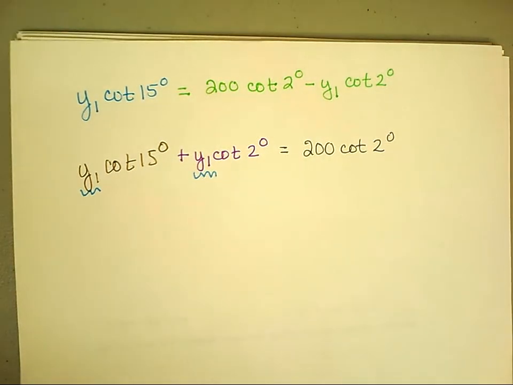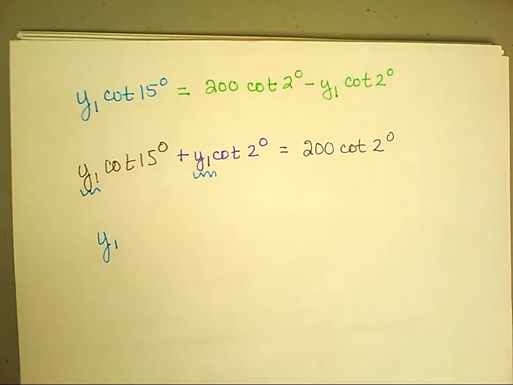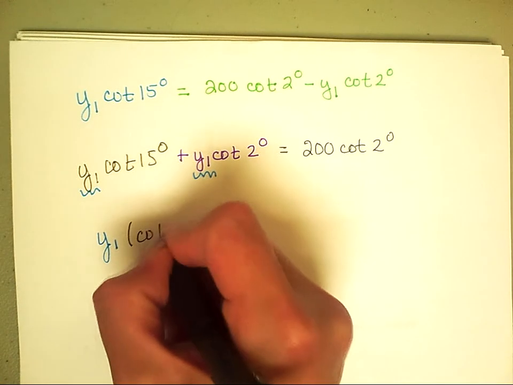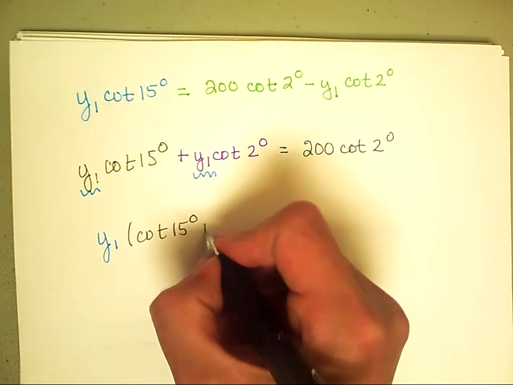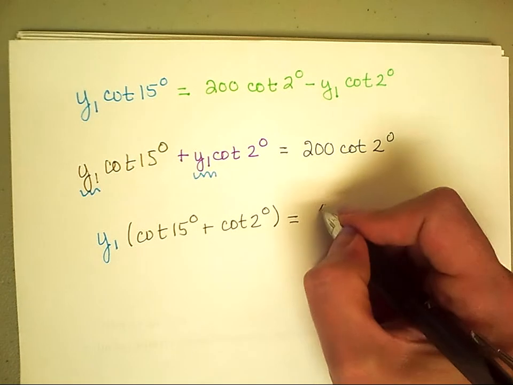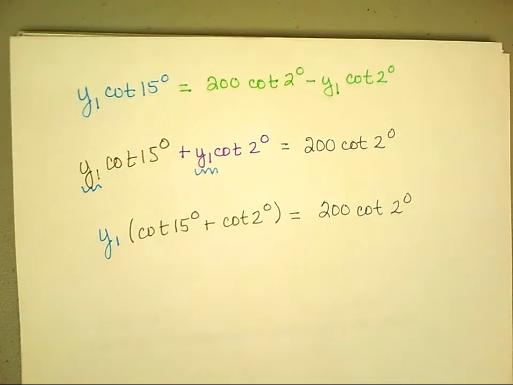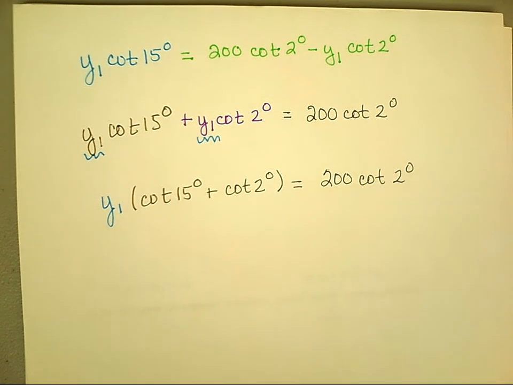Now why that's helpful is because now that the y1s are on the same side, they are a common factor, so I can factor that out, and I'll be left with the cotangent of 15 degrees plus the cotangent of 2 degrees is equal to the 200 cotangent of 2 degrees.